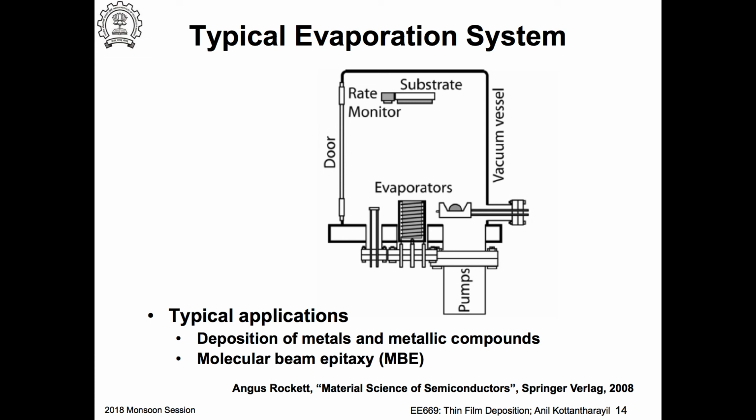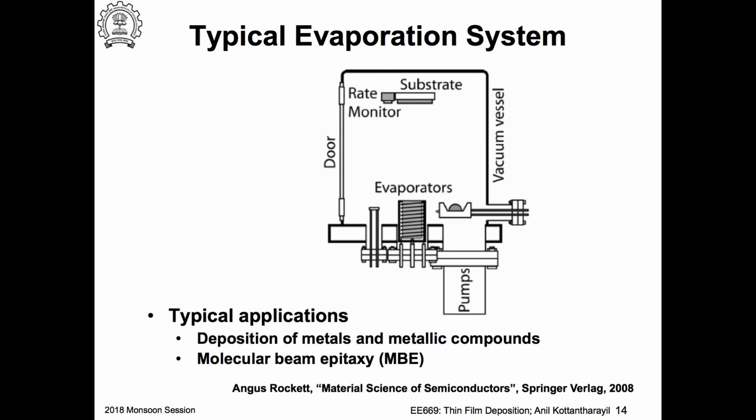So you have a rate monitor which is next to the substrate on which you are depositing the film. The film will also get deposited on the rate monitor, so the weight of the quartz crystal changes and its resonating frequency changes. So you can electrically measure the resonant frequency of the quartz crystal.